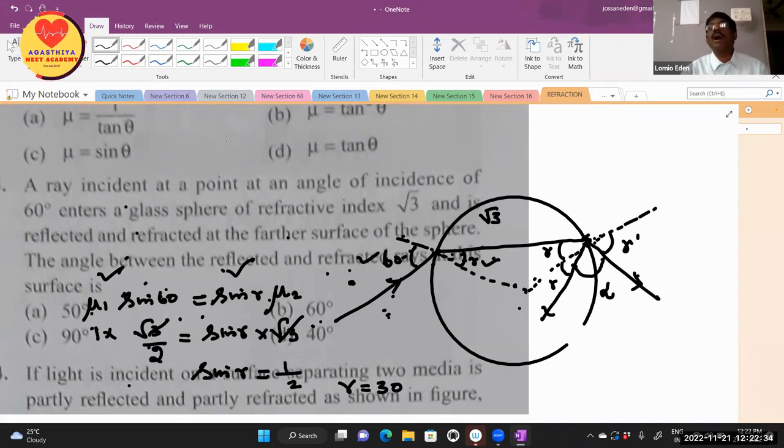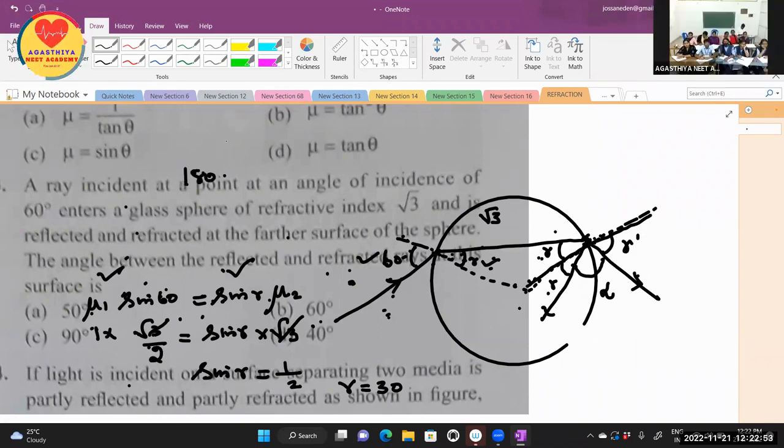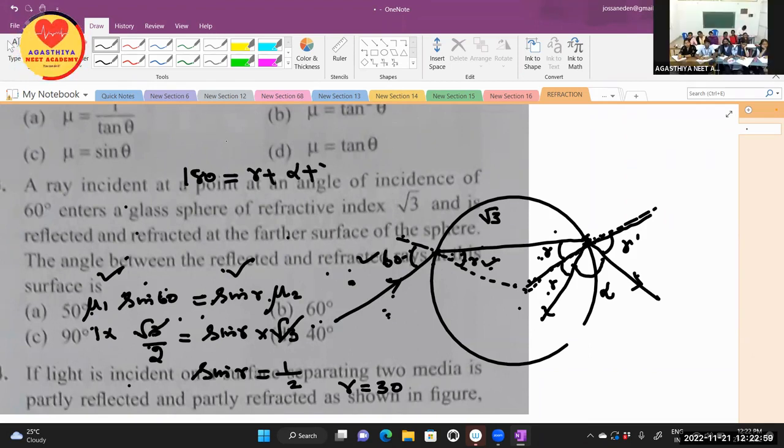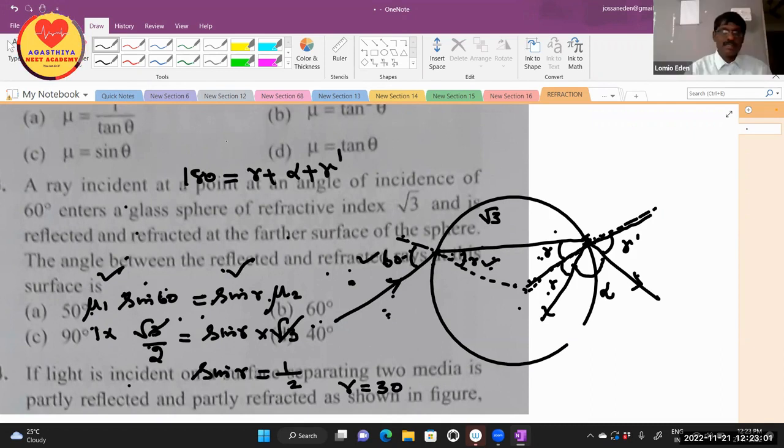Therefore, this R is 30 degree, this R is 30 degree, this is also 30 degree. In the straight line, all of you listen here. This is the normal. It is projected outward. Total included angle on the straight line is 180. Therefore, the 180 can be equated with R plus alpha plus R dash.